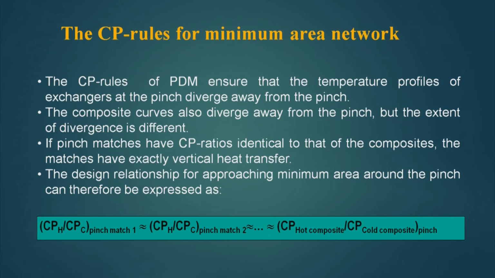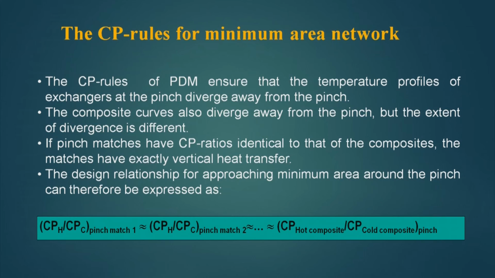That means, if I compare the divergence of a pinch heat exchanger with that of the composite curve which is available in that area, we will see that the divergences are different in nature. If pinch matches have CP ratio identical to that of the composites, the matches have exactly vertical heat transfer.